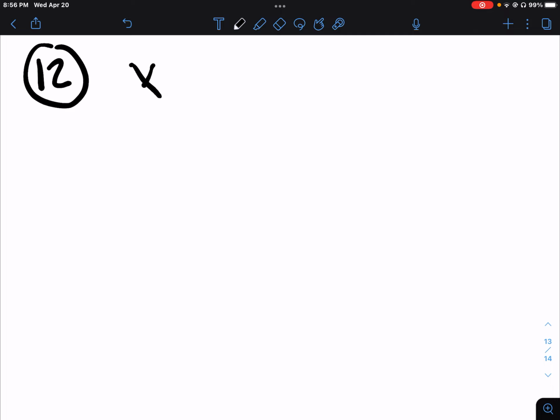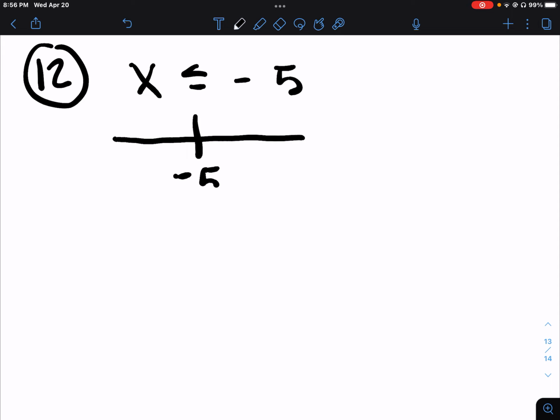x less than or equal to negative 5. In interval notation, first we're going to put it on a number line. That's less than or equal to. The or equal to makes us include the negative 5, because negative 5 is equal to itself. Things are smaller on the left.